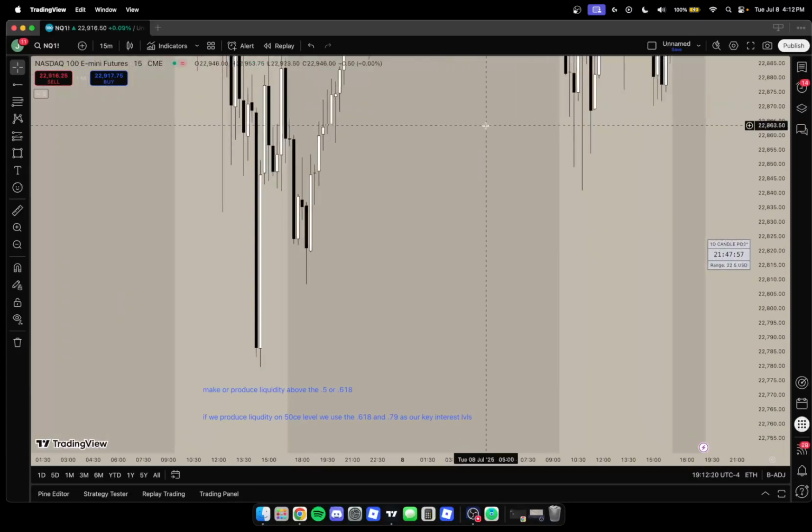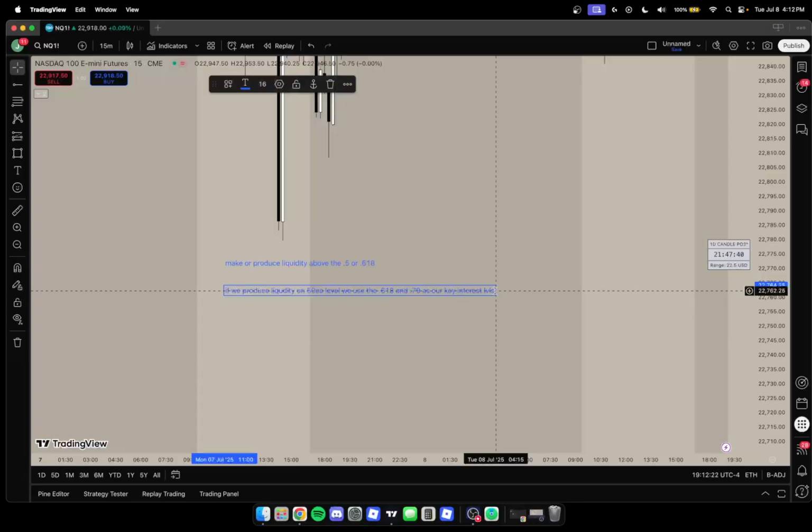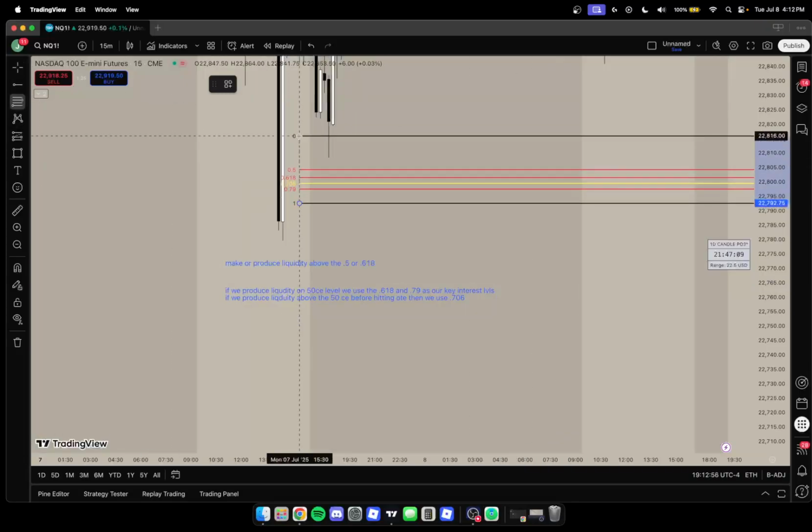So here's what I want you to write down. If we produce liquidity above the 50 CE before hitting OTE, optimal entry, then we use 0.706. Yeah, 0.706.